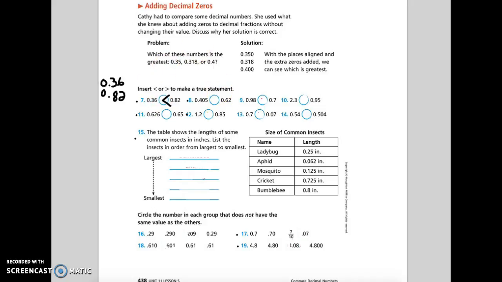Okay, let's try number 8. Now, number 8 is one that I know people make a lot of mistakes on. So let's look really carefully at this one. I'm going to write this one out for you. And it's 405 thousandths.